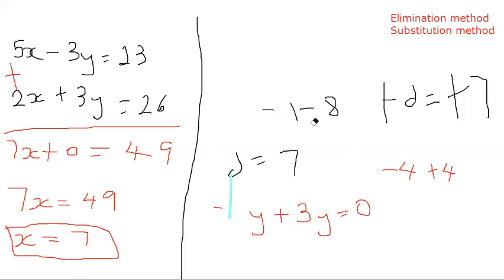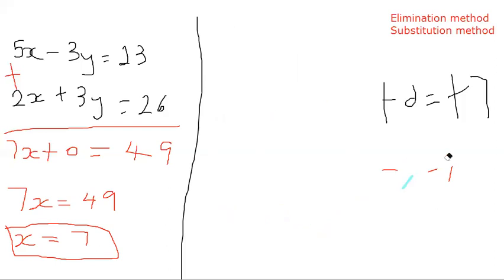Tell me how I can find y. What should I do next to find y? Put the x value in the equation.